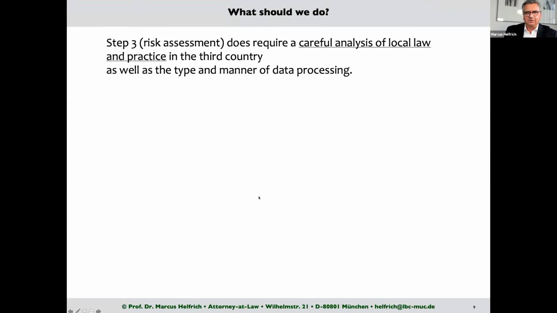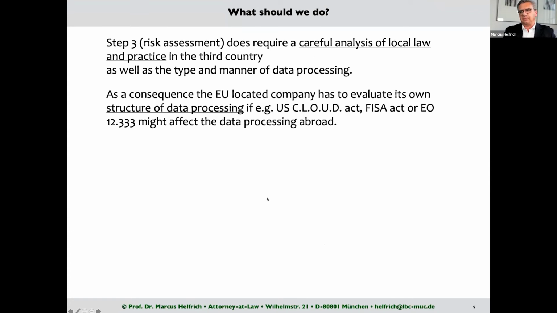Just to remind you of step 3, the risk assessment. Again, we have to analyze carefully the local law and the practice, both of them. As a consequence, for example, EU-located companies have to evaluate their own structure of data processing and analyze the data flow to the US, for example, whether they fall under the US Cloud Act, under the FISA Act, or under Executive Order 12333.